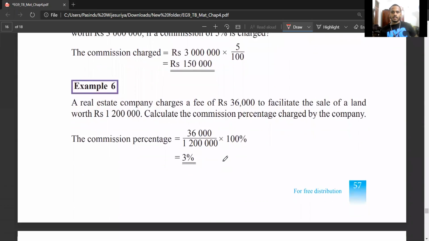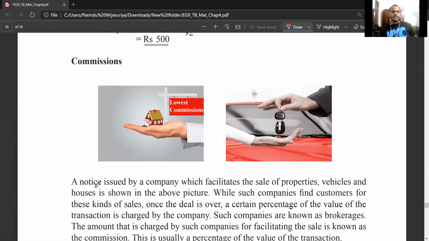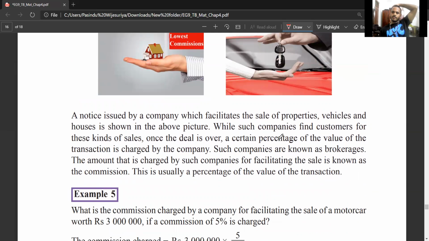A commission is a fee charged by a company which facilitates the sales of property, vehicles and houses. Such companies find customers for these kinds of sales. Once the deal is over, a certain percentage of the transaction value is charged by the company.